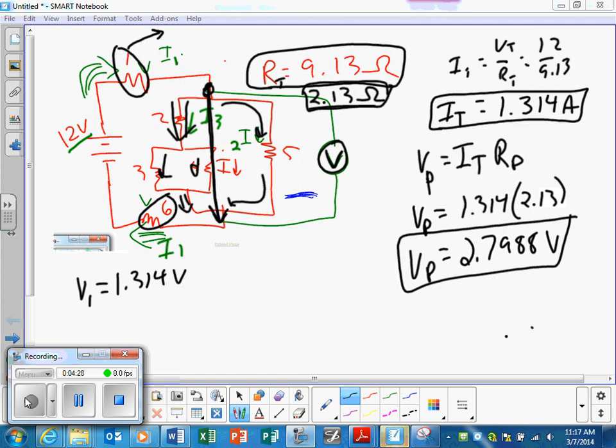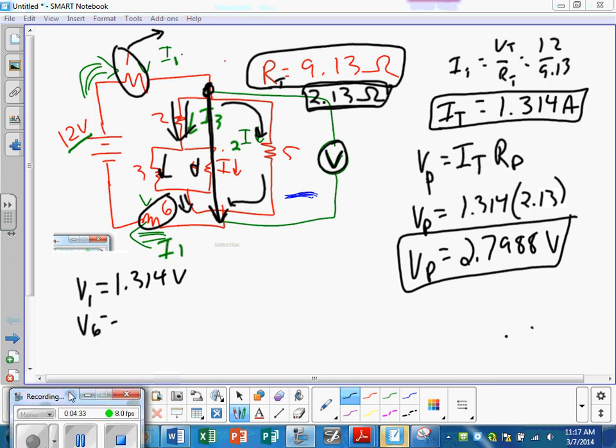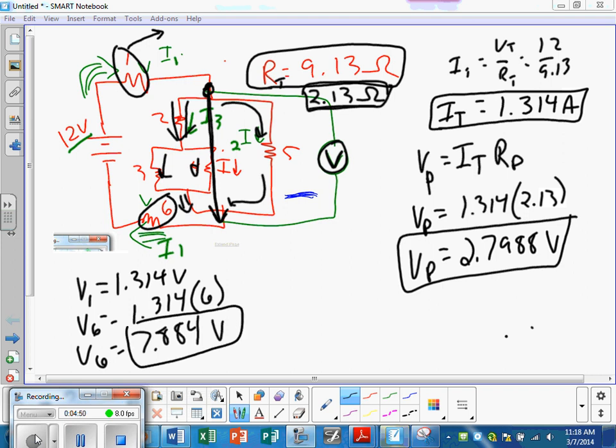And then the volt drop across the 6 ohm resistor is going to be the current times that 6 ohm resistor, which is 1.314 times 6, which is 7.884 volts.